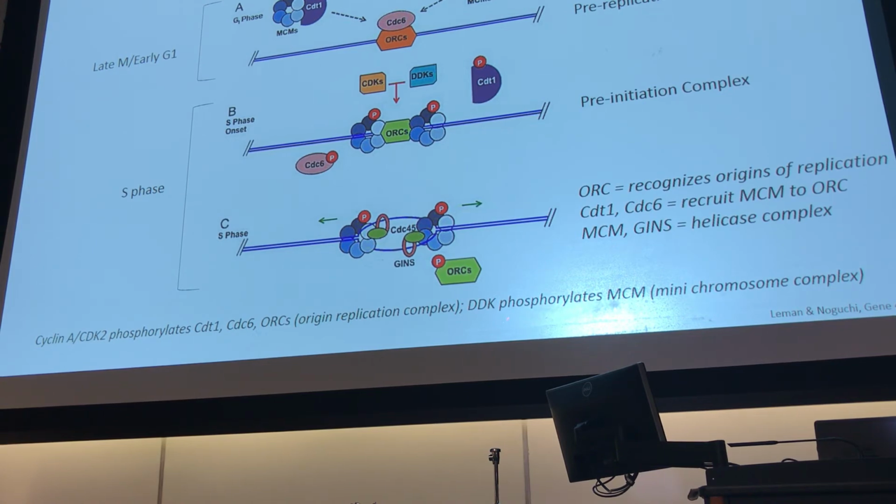And then there's a kinase, DDK, you don't have to worry about this, that phosphorylates the minichromosome maintenance proteins to activate them. But the important thing to note is that S phase, which is where cyclin A CDK2 is functional, is where its claim to fame is happening, where it's promoting replication of the genome.